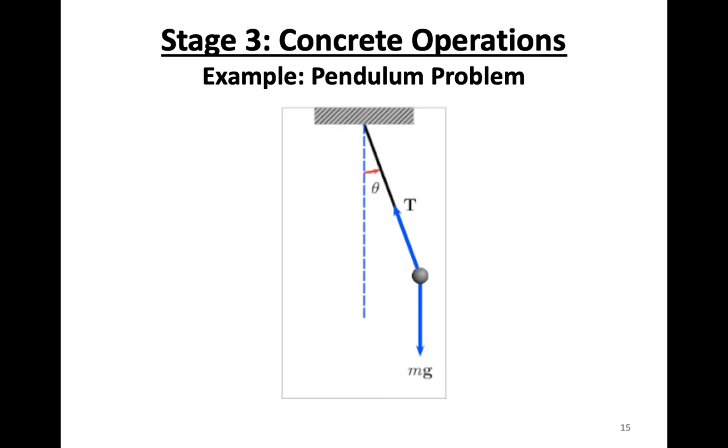So, for instance, one of the problems that Piaget used and that other researchers have used are these pendulum problems, where they ask children to play with a pendulum and to try to come up with their theory about what affects the arc of the pendulum.